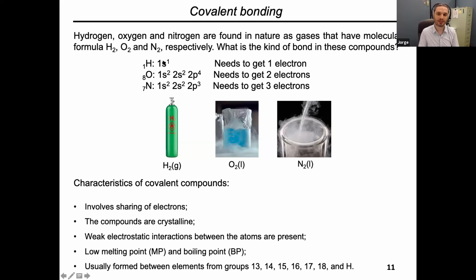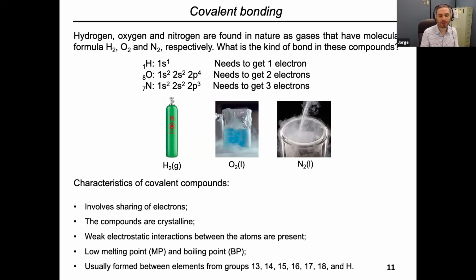Therefore, to achieve stability, hydrogen needs to get one electron. Looking at oxygen, now we have 6 in the valence shell right here. Therefore, we need to combine with other elements to get 2 electrons. And nitrogen, 5 electrons in the valence shell. Therefore, we need to get 3 electrons to achieve stability.